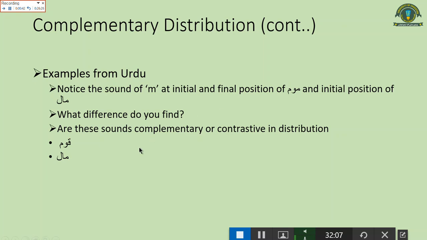It's the same way, it is pronounced differently. Now again you can take the example of ma in com and ma in mal. Are these in contrastive distribution or complementary distribution? Of course in complementary distribution, because in contrastive distribution their other phonemes should exactly be the same.